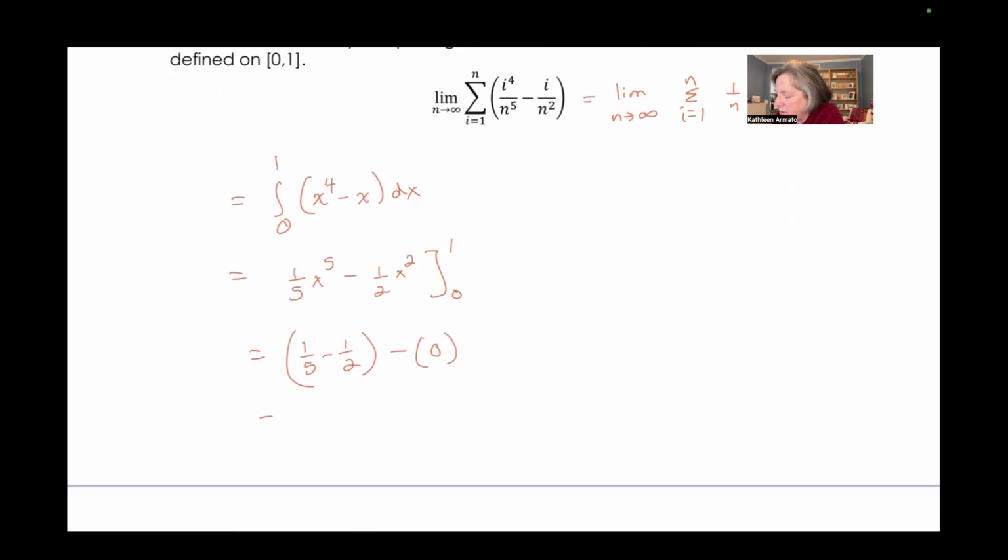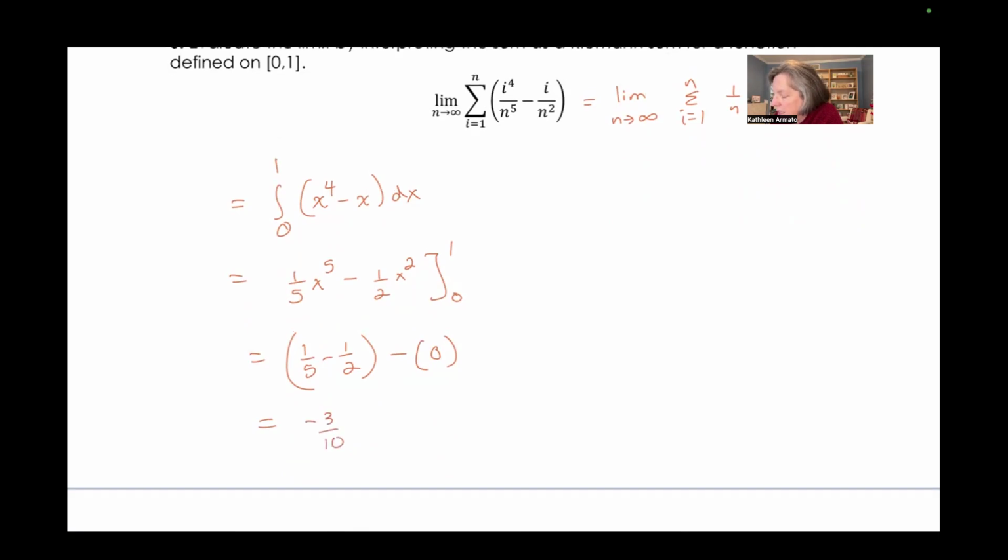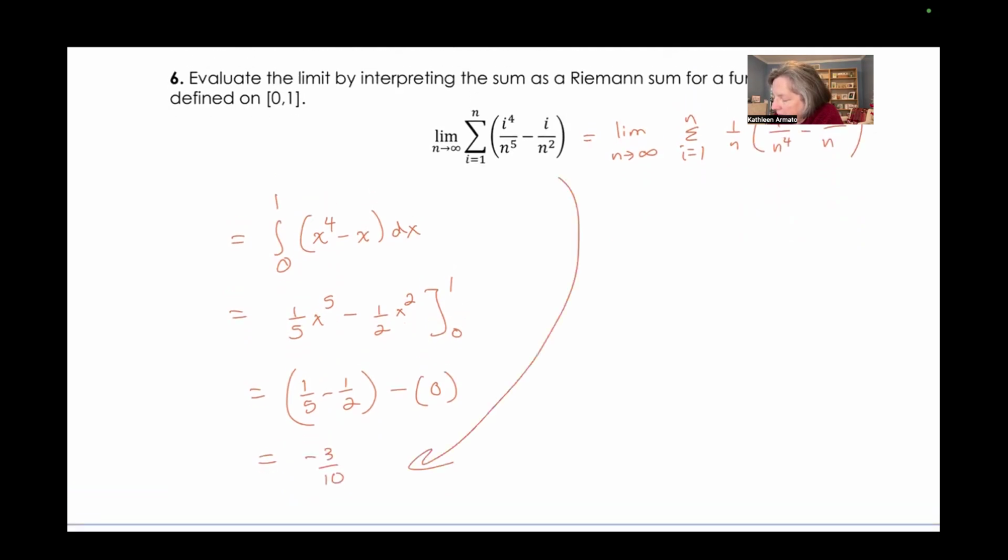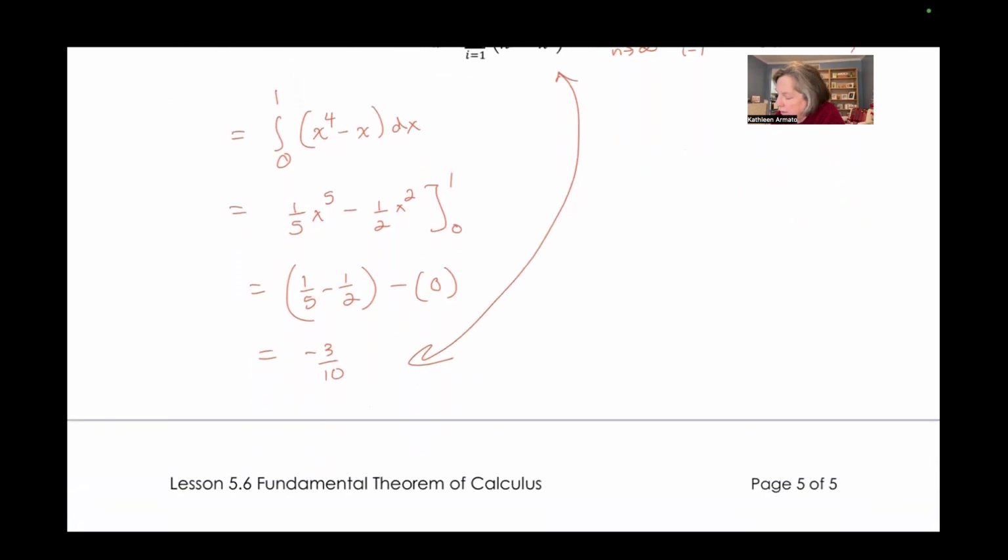We love it when 0 is one of our limits of integration. It turns out usually pretty nice. 1/5 minus 1/2, so that's 2/10 minus 5/10. I think that's -3/10. That is the answer to that limit.